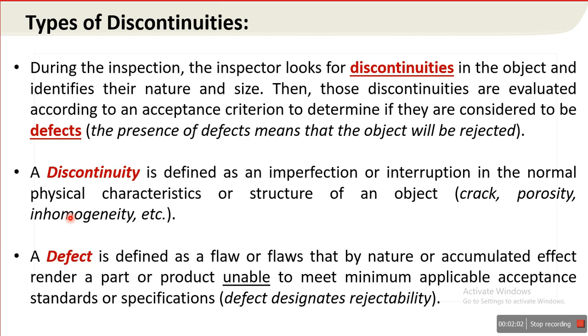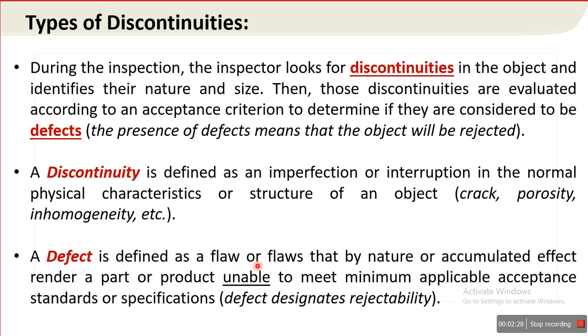But whether that discontinuity affects or hampers the performance of the component, then we need to take care of that discontinuity, and that discontinuity afterwards we call a defect. So what is meant by defect? Defect is defined as a flaw or flaws.